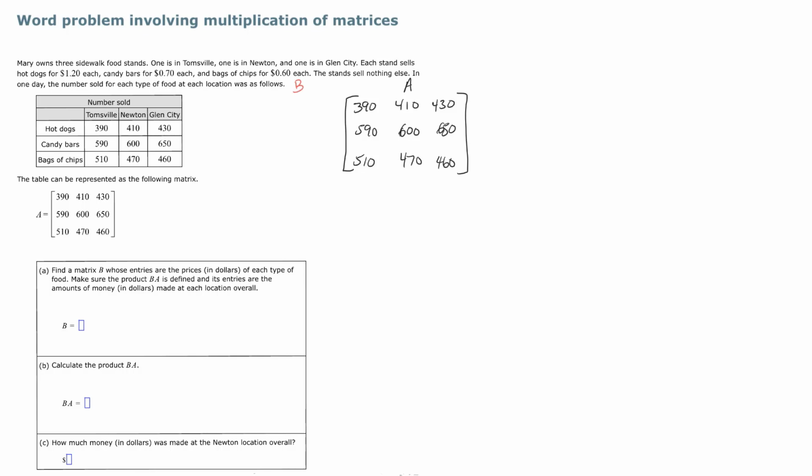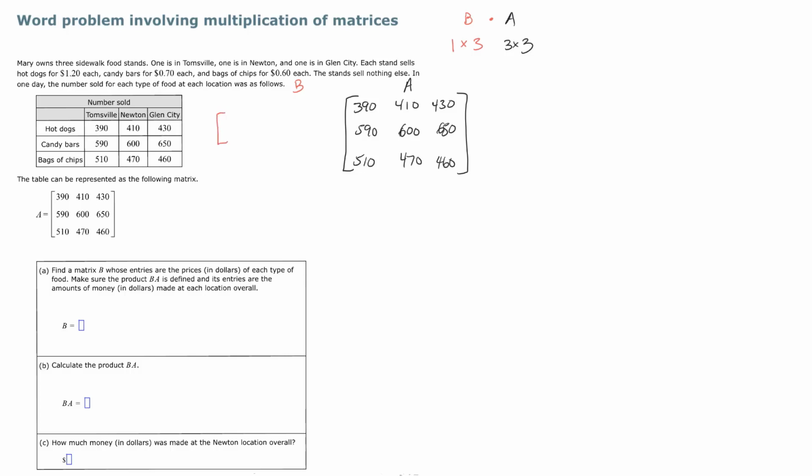And remember, when we do B times A, we need to make sure that for the multiplication to be defined, the number of columns in matrix B will also have to be 3. It makes sense to make sure matrix B is 1 by 3.